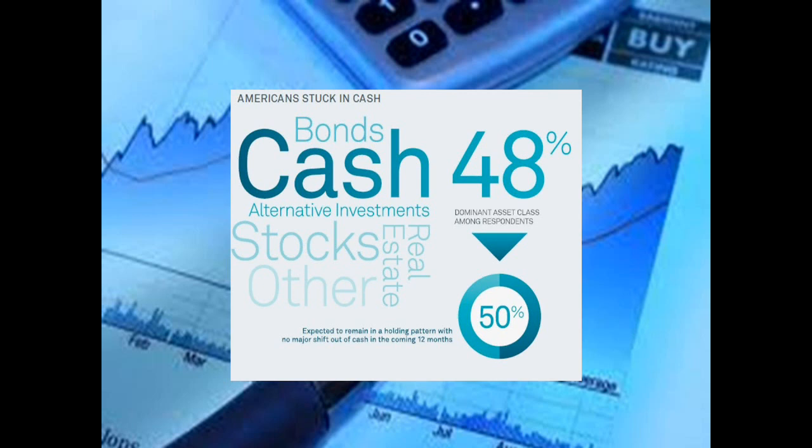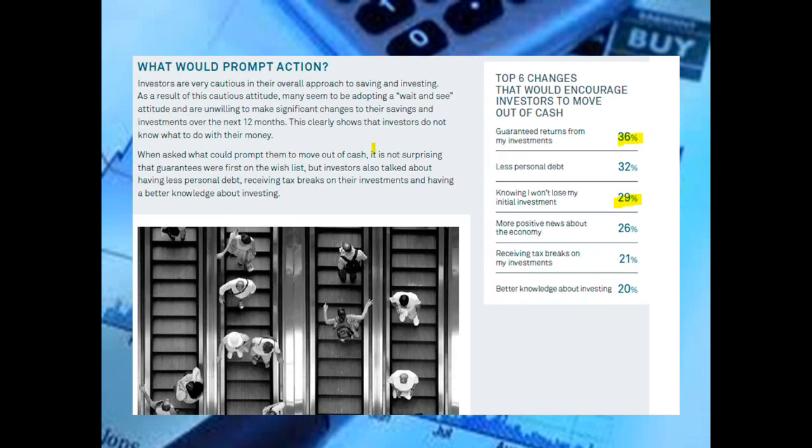And what's interesting as well is that 50% of the investors surveyed expected to remain in that holding pattern in cash with no major shifts for the next 12 months, for the next year. So a lot of money sitting on the sidelines, which means, as I've said many times before, great opportunities for us in this particular moment in time.